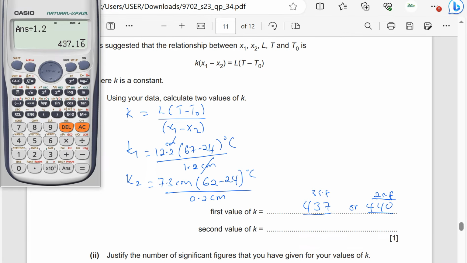So we shall check this. 7.3 times 62 minus 24, divided by 0.2. So you see that there's a very large difference here. So this student got 1000. Second value of K is 1000. I hope I calculated this correctly.